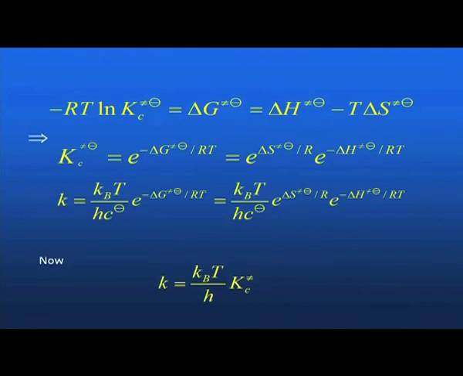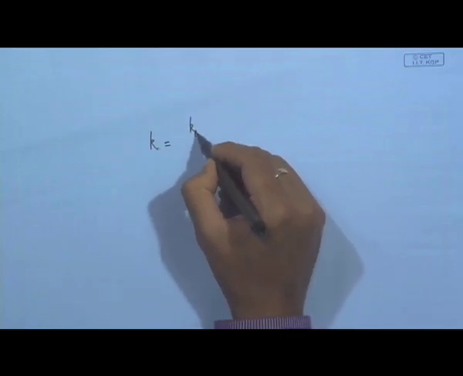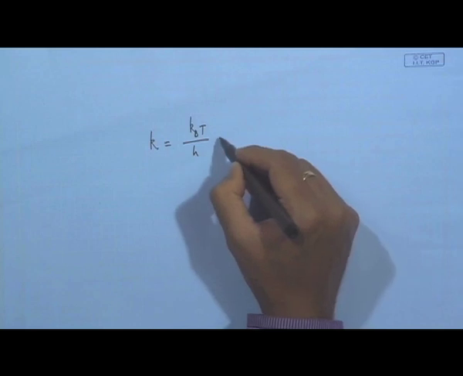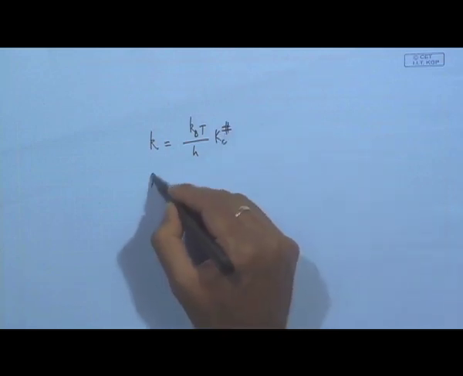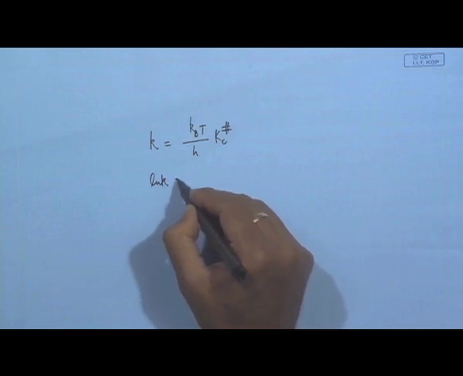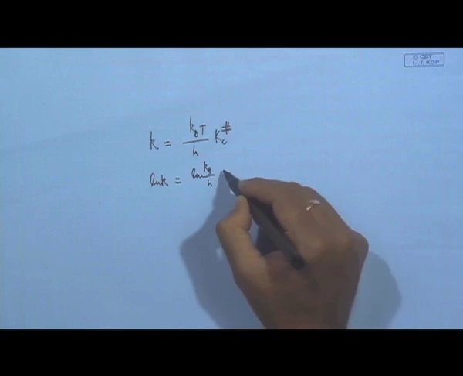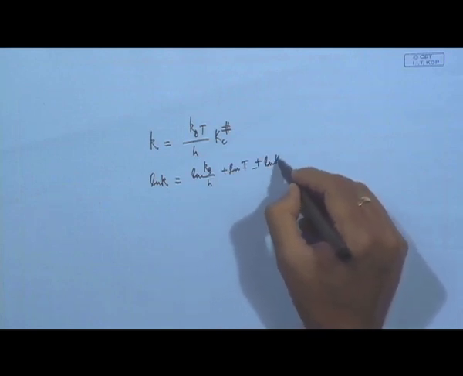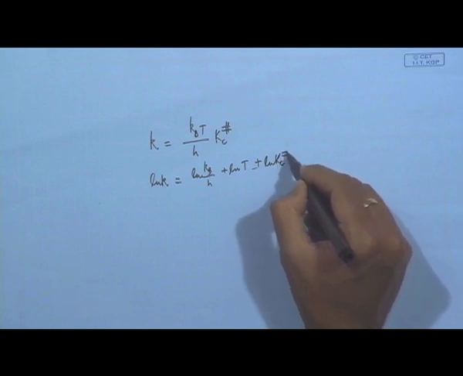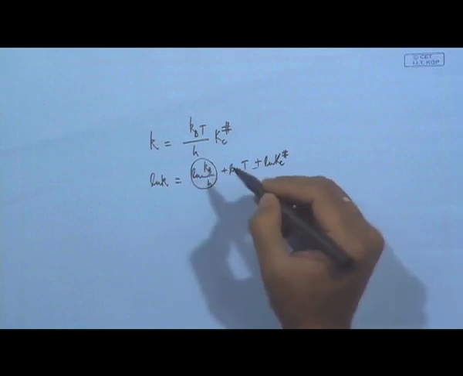So, k is equal to kB by h T Kc double dagger. So, ln k, that is the rate constant, is equal to ln kB by h plus ln T plus ln Kc double dagger. This is a constant quantity.